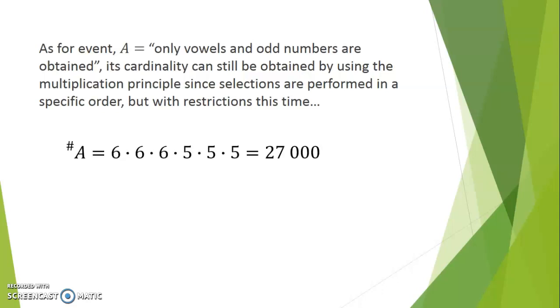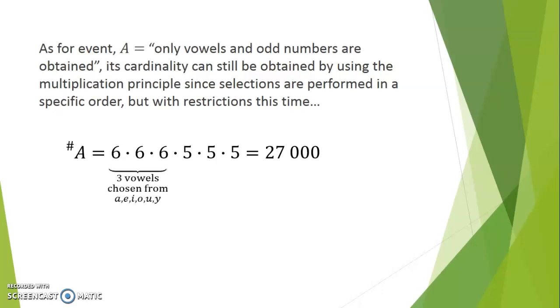So the cardinality of A requires that we multiply 6 with 6 with 6, which are the optional vowels to be placed in the first 3 entries, and then the next 3 entries where we have a choice amongst 5 odd numbers to pick from.